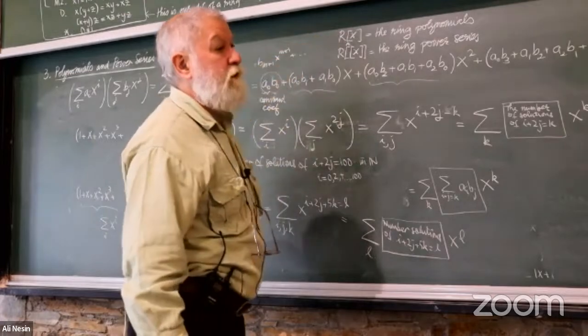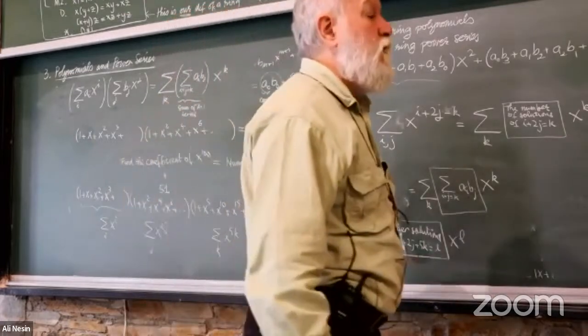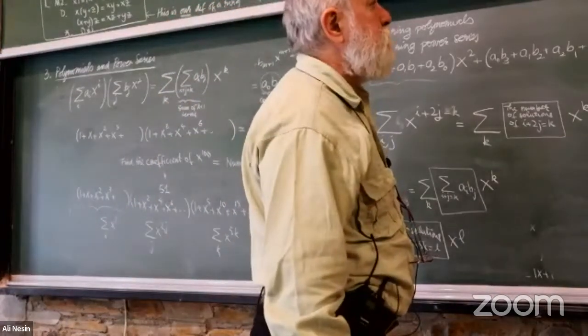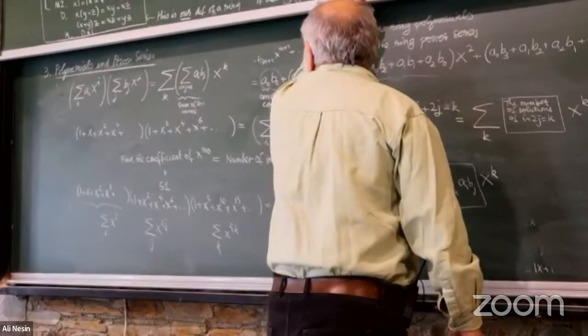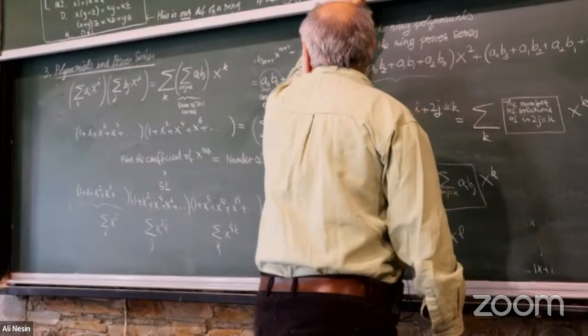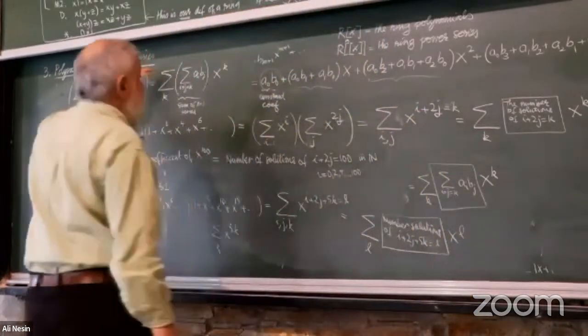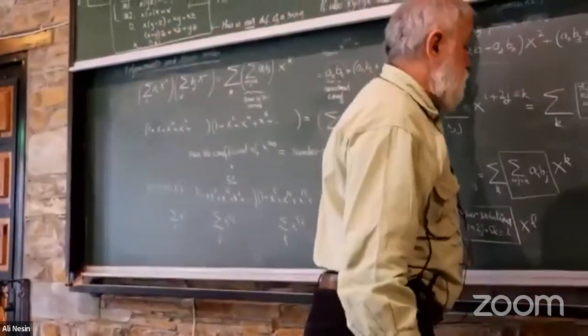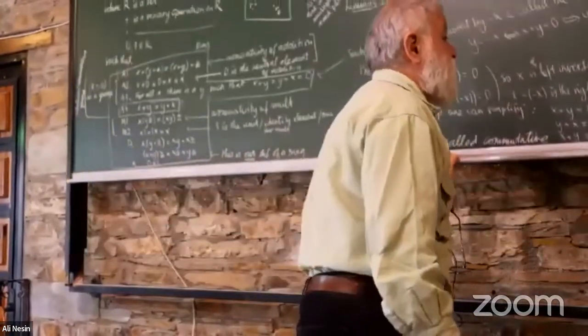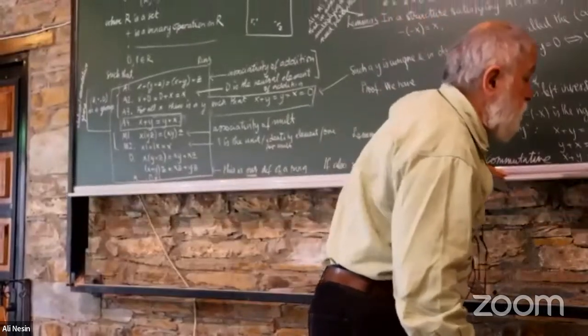Let me give you an example of a non-commutative ring. I will do more about power series. Polynomials and power series are very important. Power series are easier than polynomials.